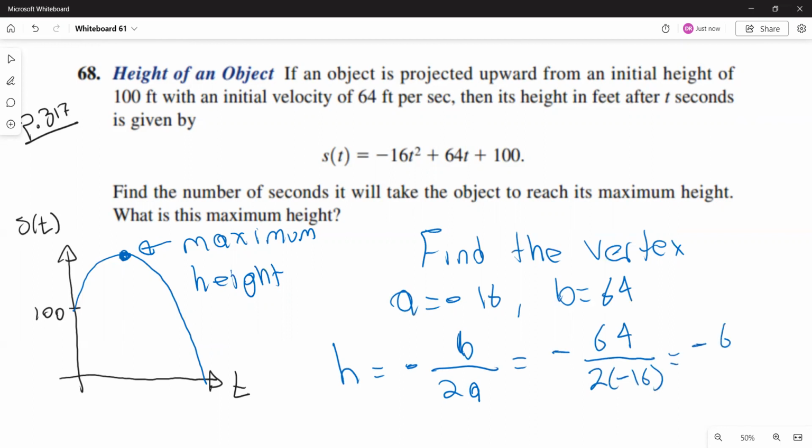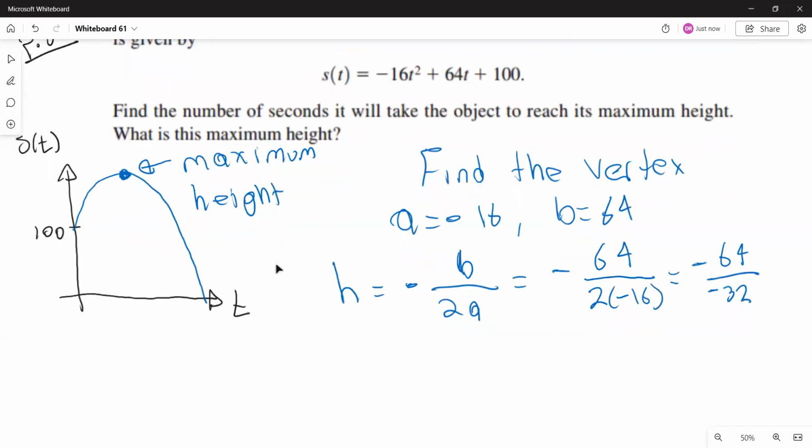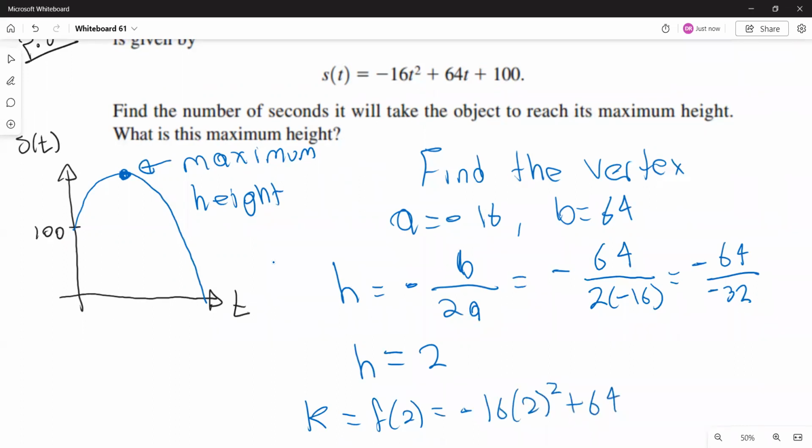This is negative 64 over negative 32, or 2. And k is f of 2. So that's the opposite of 16 times 2 squared plus 64 times 2 plus 100.